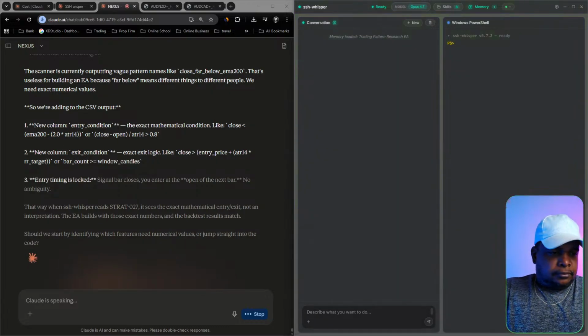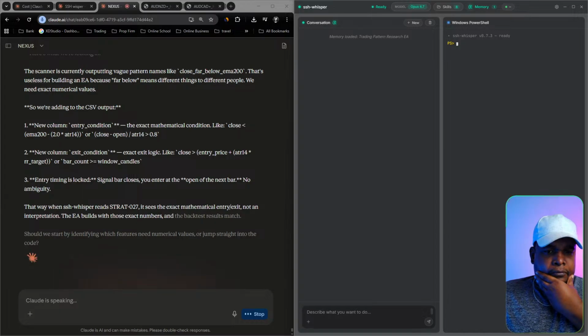Three, entry timing is: signal bar closes, you enter at the open of the next bar. No ambiguity. That way, when SSH Whisper reads Strat 027, it sees the exact mathematical entry and exit, not an interpretation. The EA builds with those exact numbers, and the backtest results match. Should we start by identifying which features need numerical values, or jump straight into the code?